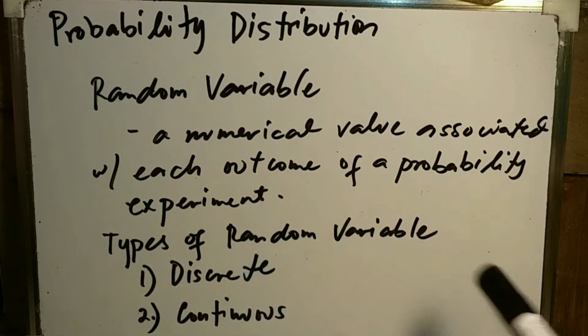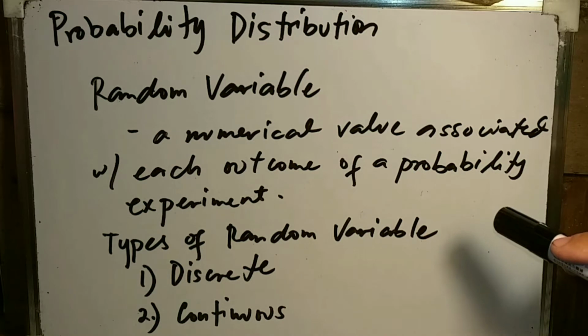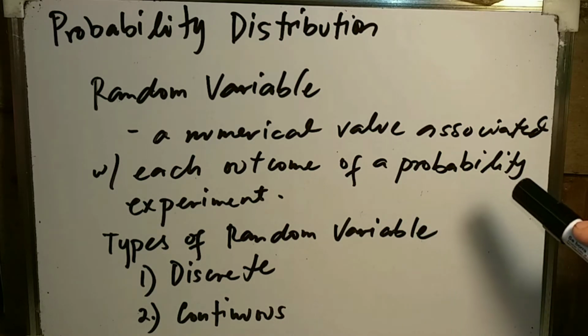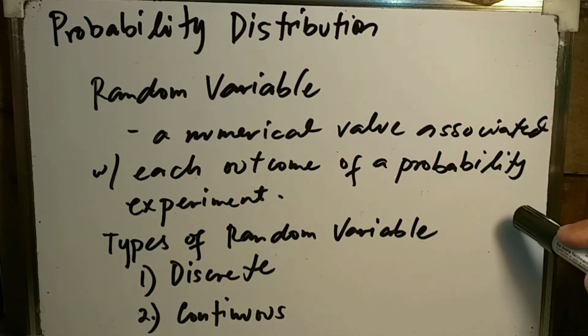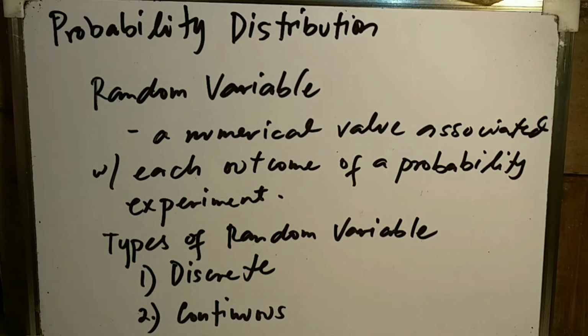In other words, a random variable is a mapping between the outcomes of a probability experiment to a real number. Now, in types of random variables, we have discrete and continuous. A discrete random variable has countable values, while continuous random variables have measurable values.